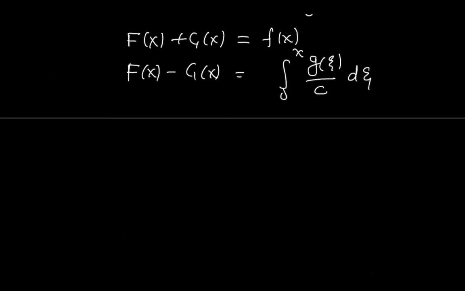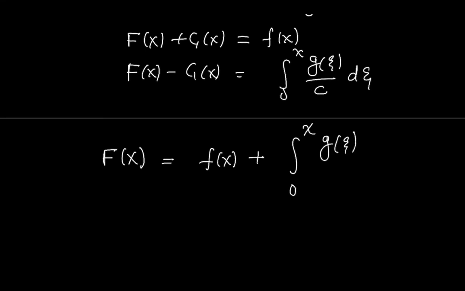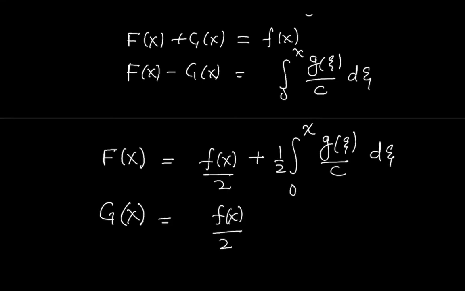If I add them, I'm going to get F(x) equal to f(x) plus the integral from 0 to x of g(s) divided by c ds, and I'm going to divide by 2, so one half. If I subtract them, you're going to get G(x) equal to f(x) over 2, then this minus that, so this is minus one half.